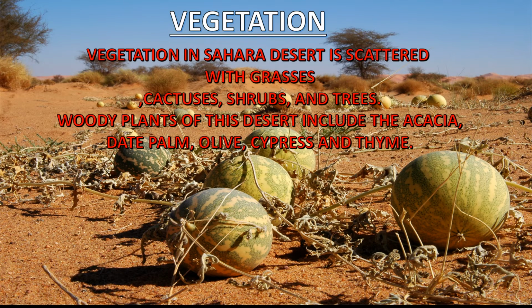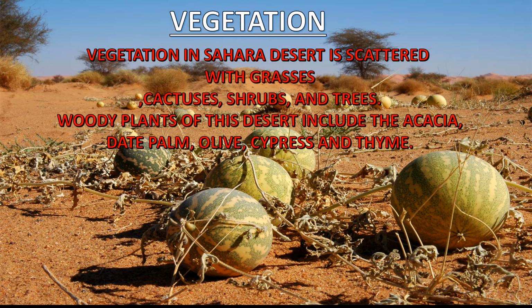Let's see what the flora of the Sahara Desert is, that is, the vegetation. The plants which grow in the Sahara Desert require less water since there is no regular rainfall, so there is a lack of water all the time.